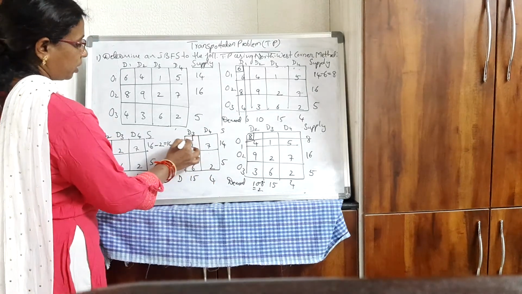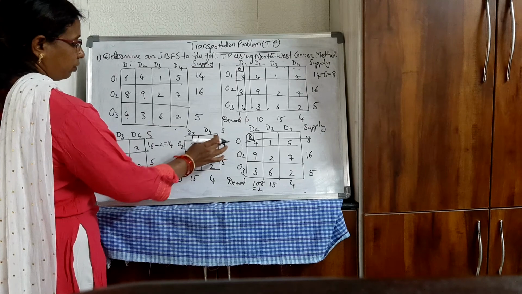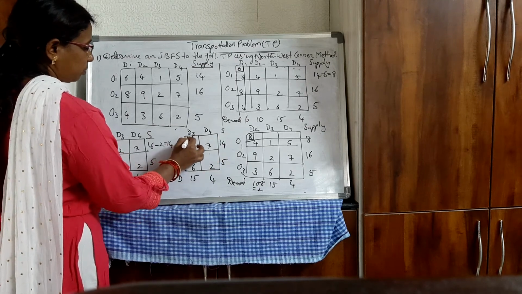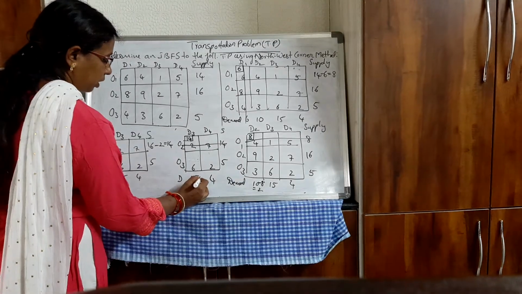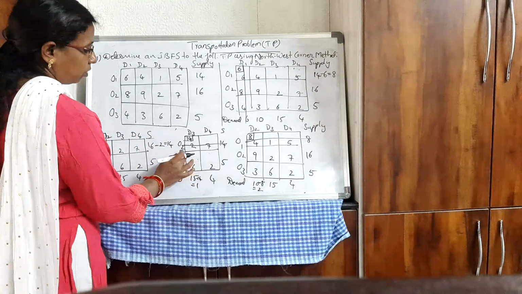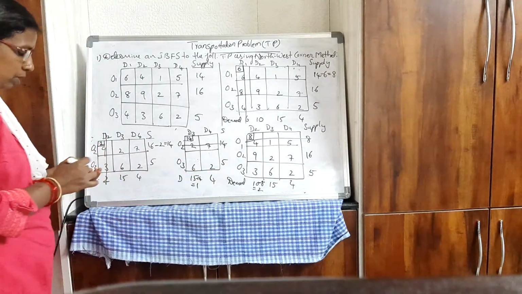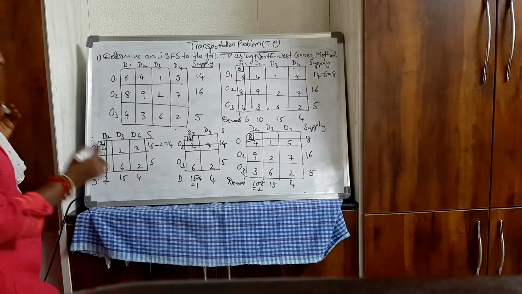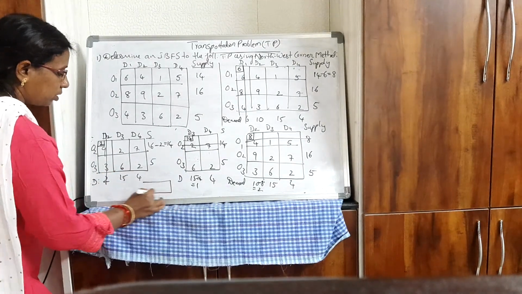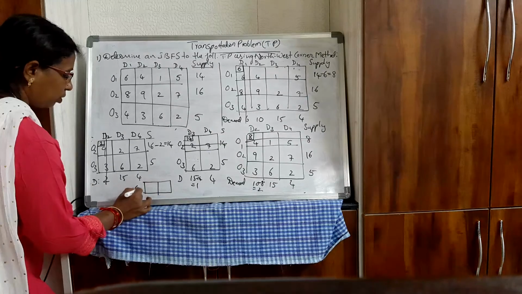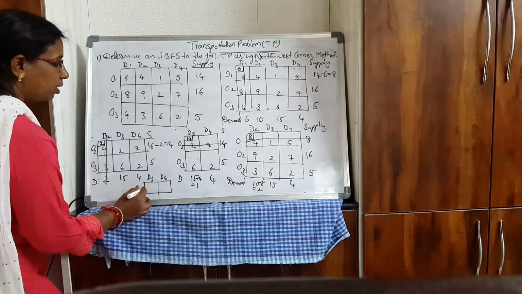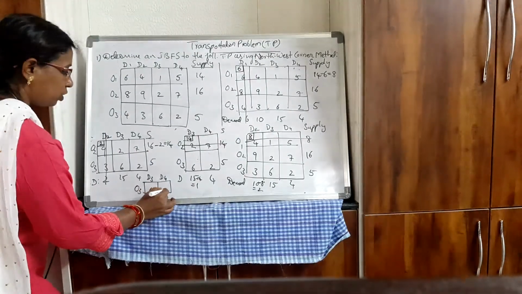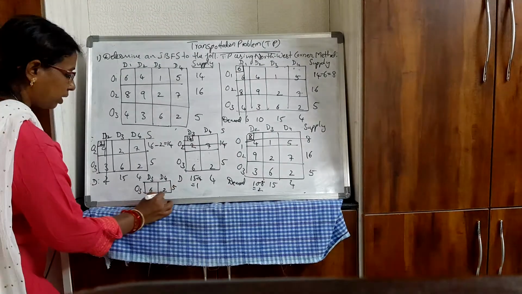So this is the corner element, 15 and 14, of which 14 is the minimum. So this is exhausted. 15 minus 14 is 1. So now this is left. Now 6, 2 is left. I will draw it here. So I have here only O3 and here I have D3, D4. Then I have here 6 and 2. This is 5, this is 1 and 4.